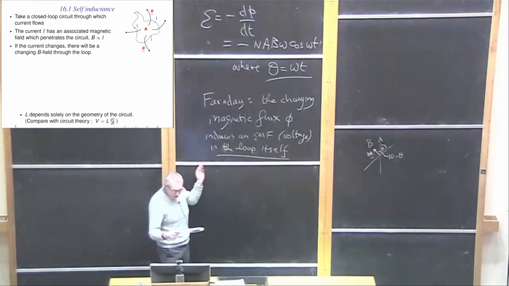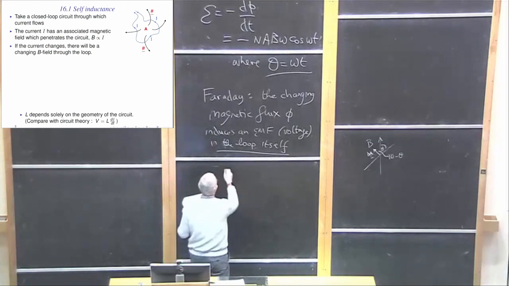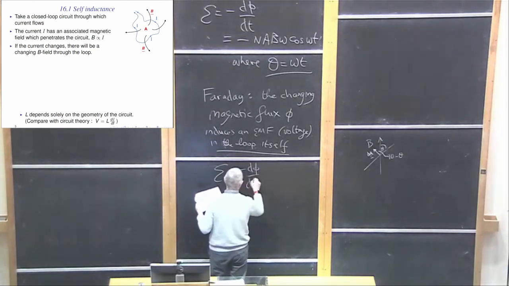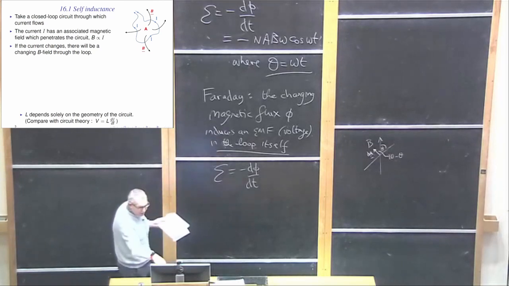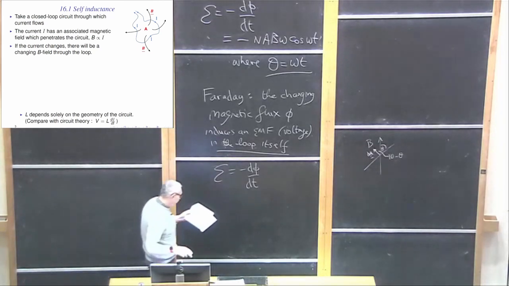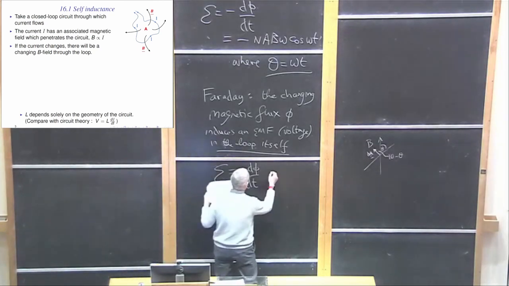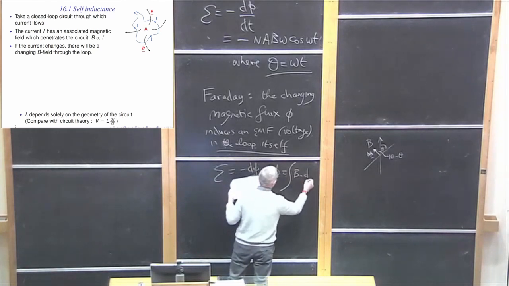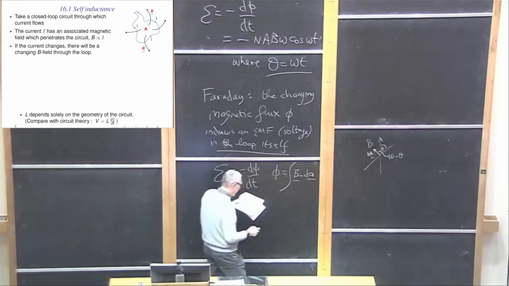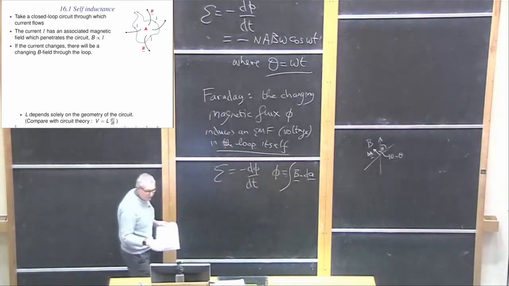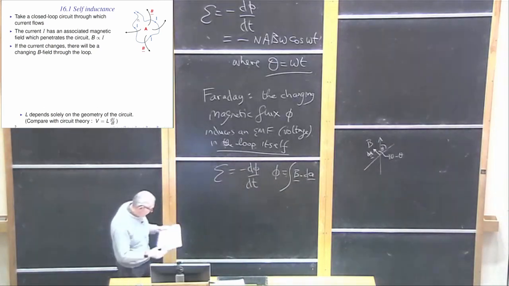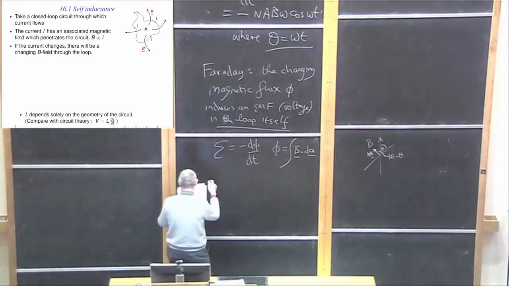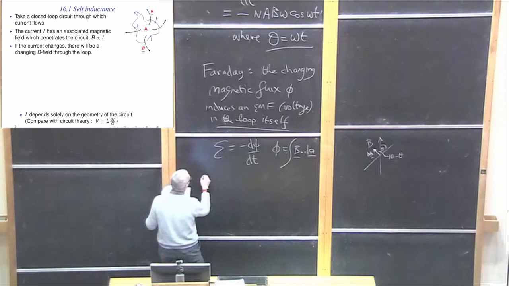So that's Lenz's law. I'm going to write this down: minus d phi by dt. Phi is just the integral of the B field over this area, an arbitrary area here. I'm writing down what I've just said. So that's Faraday's law.